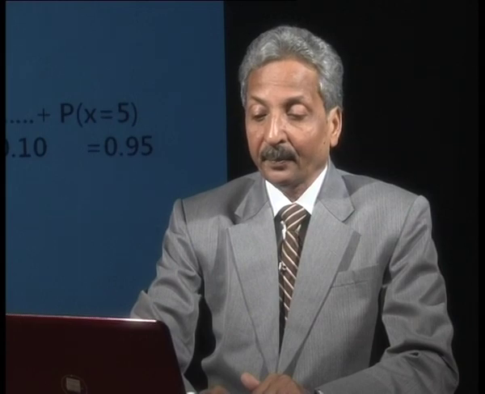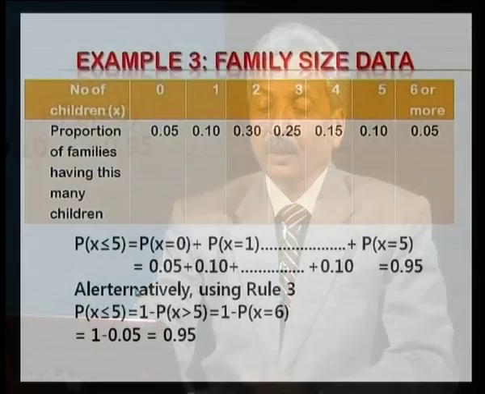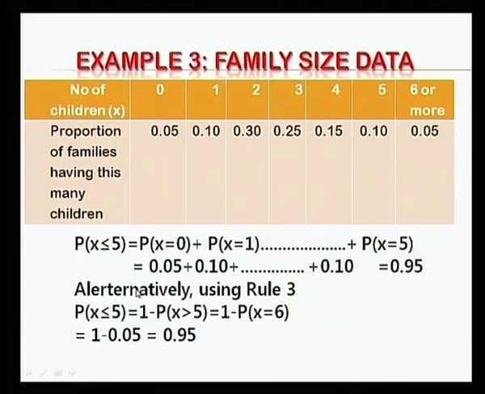Now, the same probability of x less than or equal to 5 we can obtain alternatively by using rule 3.